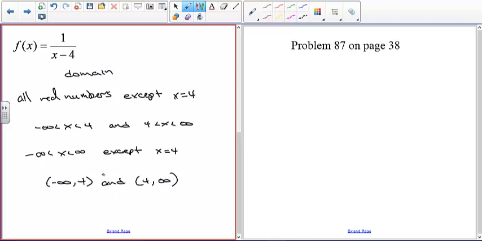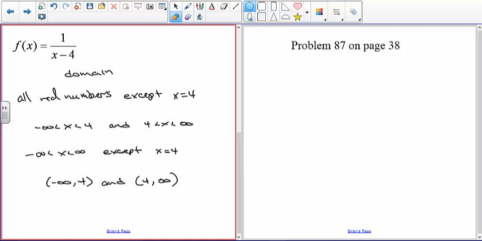Okay, so it says problem 87 on page 38. So here we have an open box of maximum volume is made from a square piece of material 24 centimeters on the side by cutting equal squares from the corners and turning up the sides. Okay, so let me explain what's going on there.